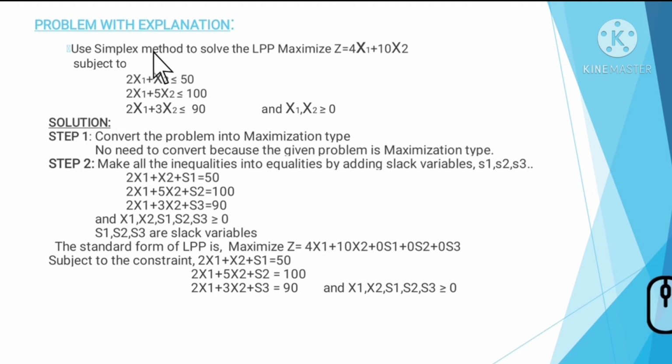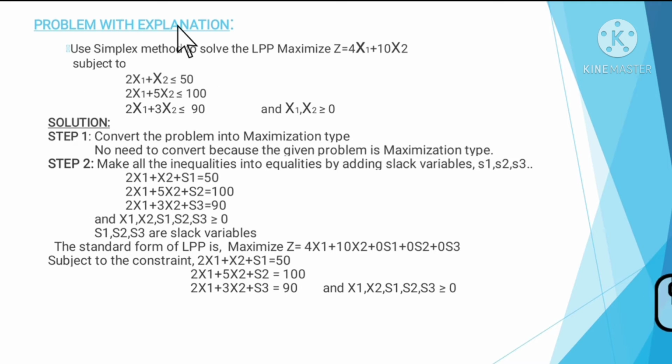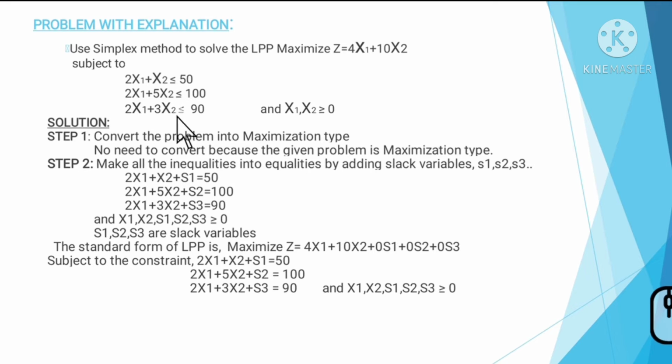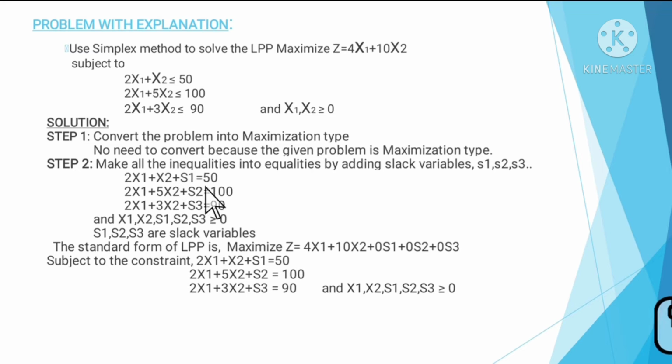So these are the constraints. We have to introduce slack variables to make these inequalities into equalities. So 2x1 plus x2 plus s1 is equal to 50.